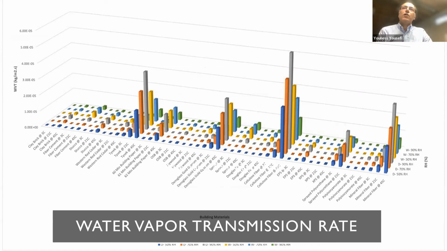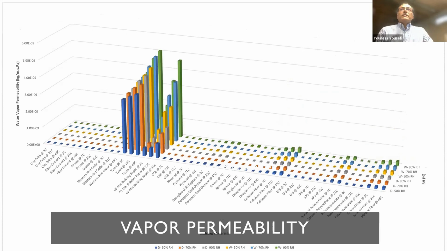Again, cellulose is the highest, followed by the building papers, which is common sense since building papers are vapor open. And this is the vapor permeability. Again, the permeability of building papers is the highest among the rest of the materials.